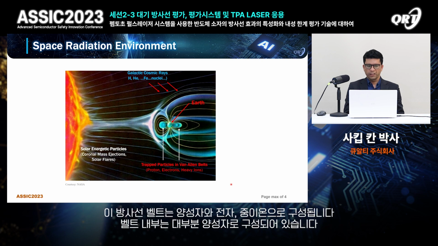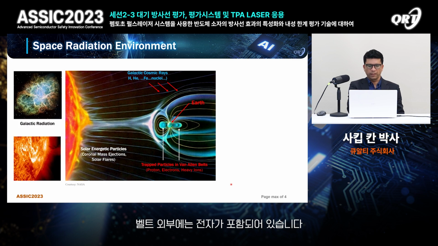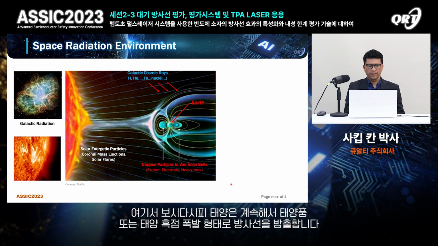The radiation belts consist of protons as well as electrons and heavy ions. The inner belt mostly contains electrons. The outer belt contains the electrons. The galactic radiation comes from outside of our solar system, and as you can see, the sun is continuously emitting radiation in the form of solar wind as well as solar flares.